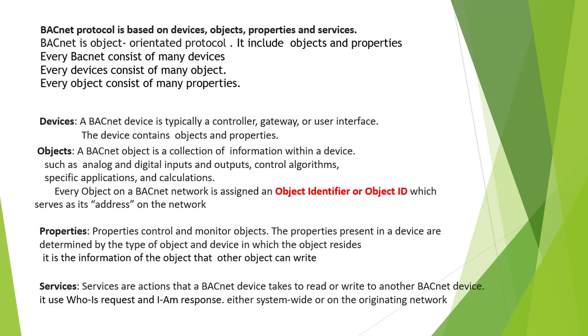It describes the information used to control and monitor the object. A property is information of an object that other objects can write and read. Service looks like an action. It is how a BACnet device reads and writes to another BACnet device, using Who-Is request and response.